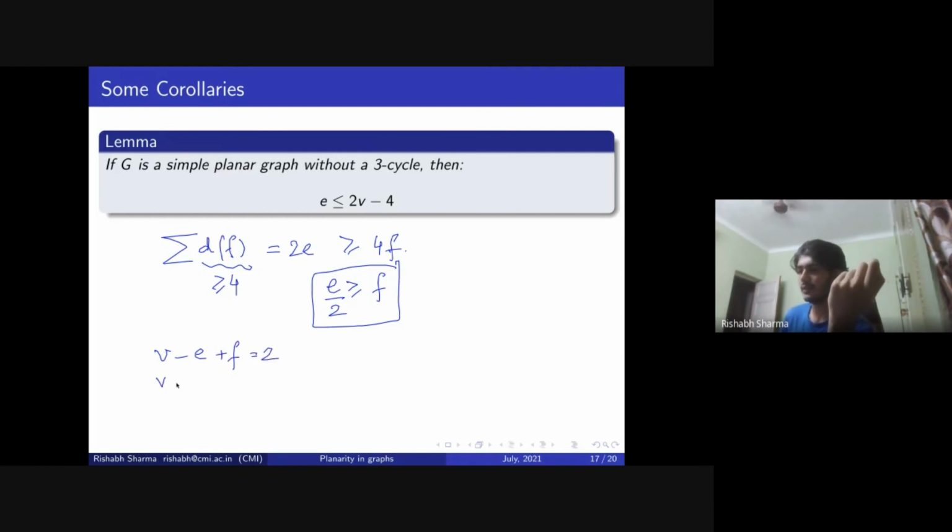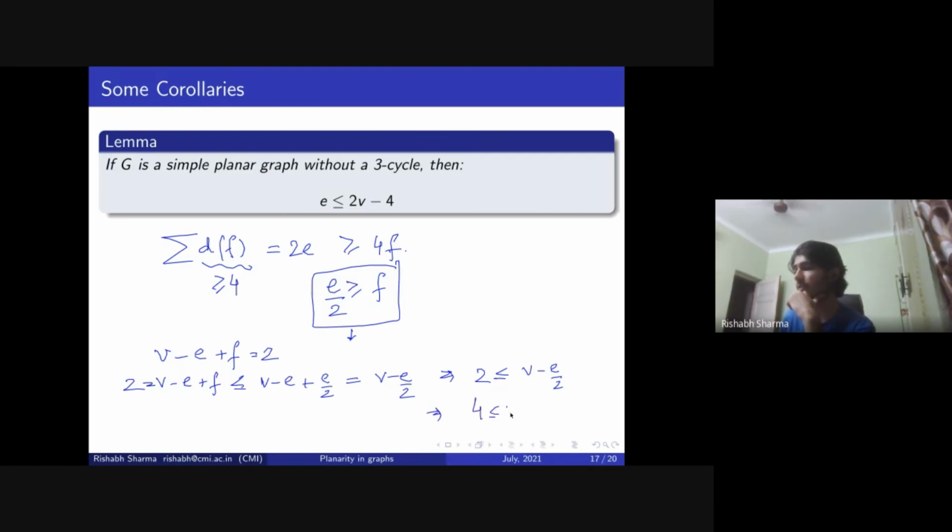We know that v minus e plus f is less than or equal to v minus e plus e by 2. Using this inequality, this is equal to v minus e by 2, and this side is 2. So we get that 2 is at least v minus e by 2. And this gives us that actually 4 is less than or equal to 2v minus e. And you can see that this is the same as what we wanted.